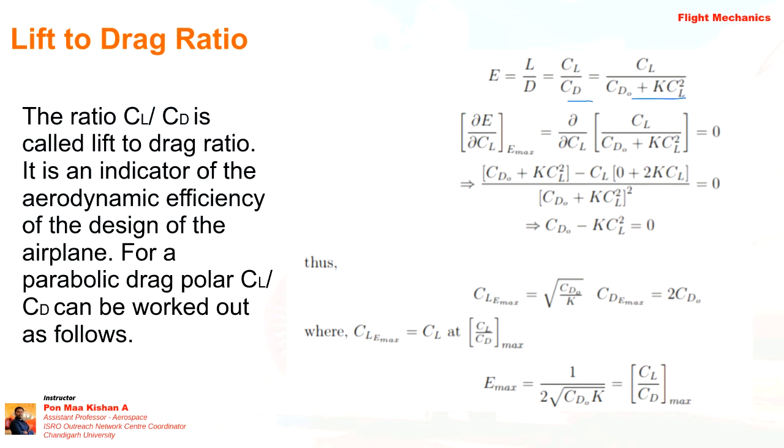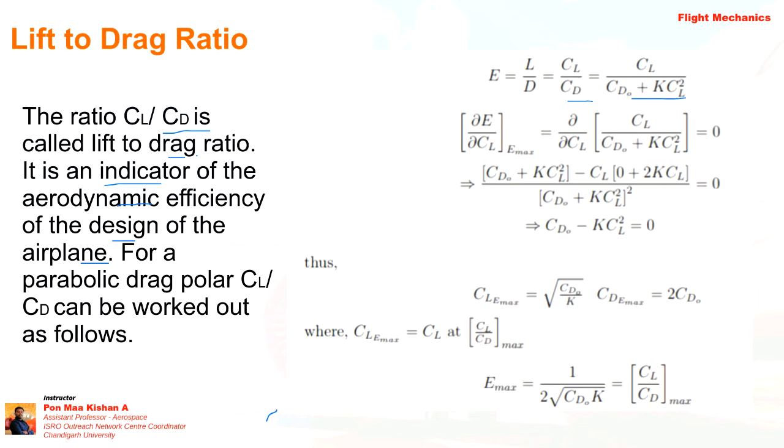I hope in your principles of flight you might have studied this aerodynamic efficiency. Although if you have not, I will be explaining it here itself. That is not a problem. The ratio between CL and CD is given as the lift to drag ratio, and it is an indicator of aerodynamic efficiency for designing the airplane.